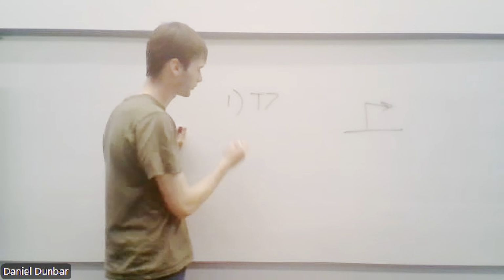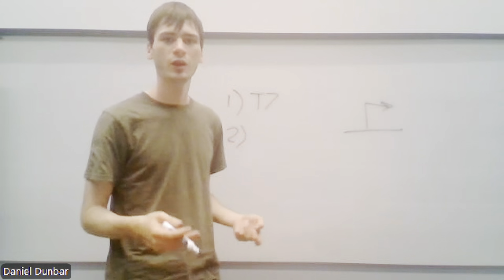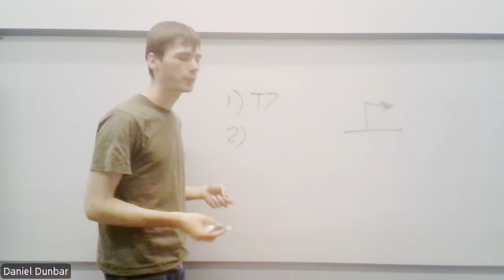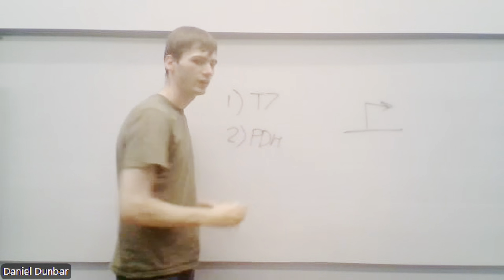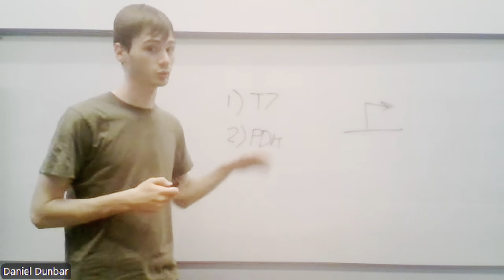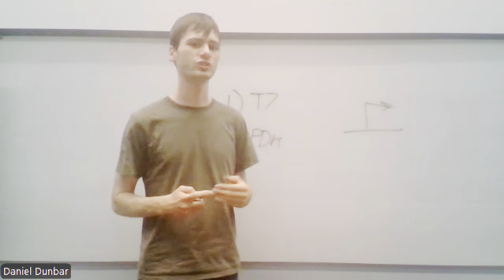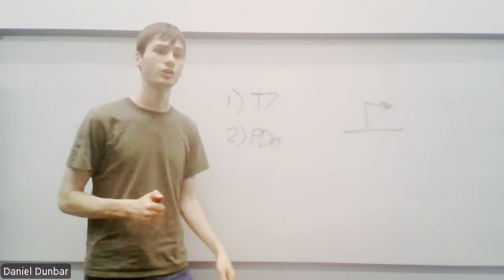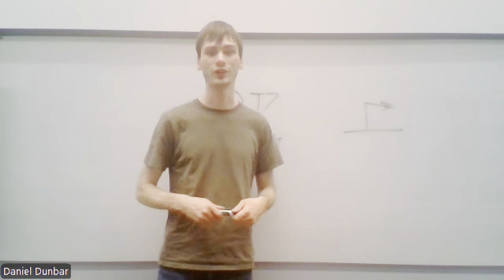The next one we'll consider is enzyme levels of expression. So, for example, pyruvate dehydrogenase is an enzyme. Now, these are expressed not nearly as much as T7, and they tend to be under tight regulation. So pyruvate dehydrogenase will only be expressed when the cell actually wants to reduce pyruvate.